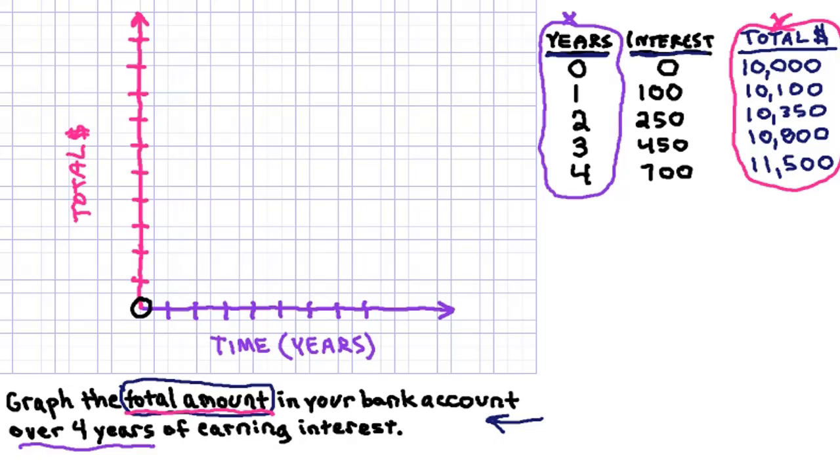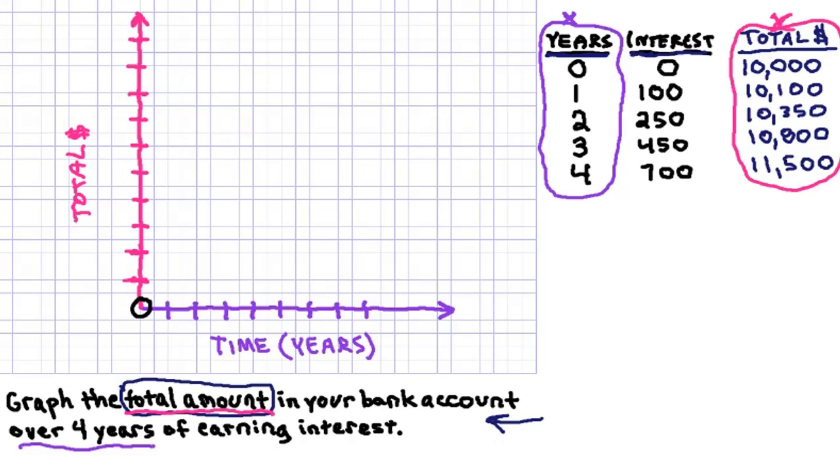And if you look on the total money, we're going to have to graph all the way up to $11,500. Well, we don't have room on this line to make every single little square $1. And last time we made every increment, every one of these little pink lines, these increments, we made these $100.